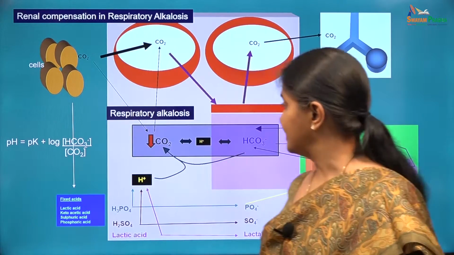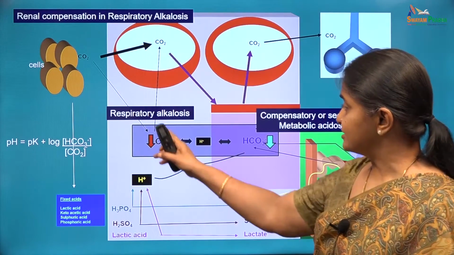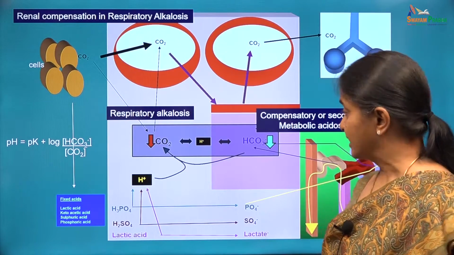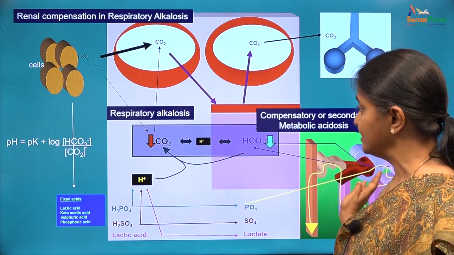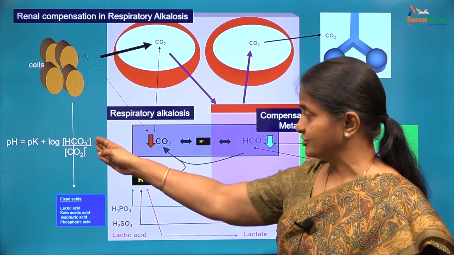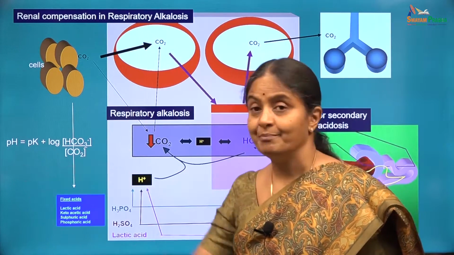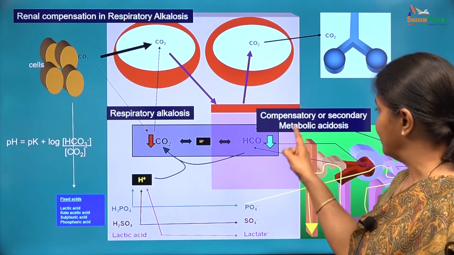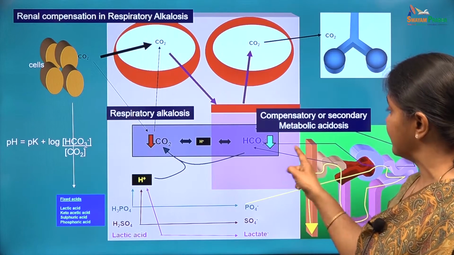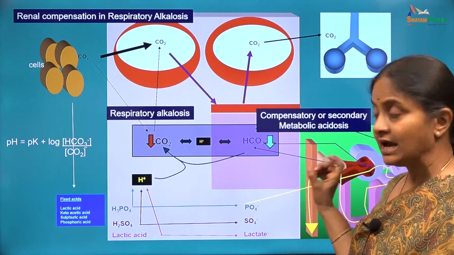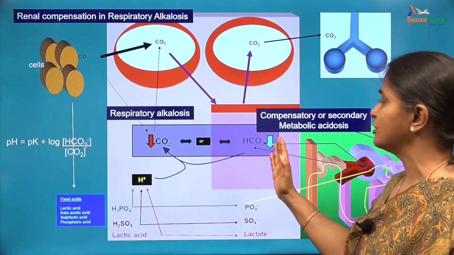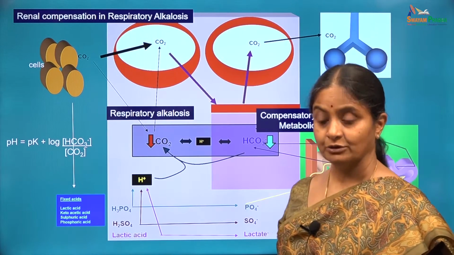Similarly, when there is a respiratory alkalosis, the kidneys will eliminate some bicarbonate and reduce the bicarbonate concentration so as to maintain pH. There will be a compensatory or secondary metabolic acidosis. I would still prefer to use the term renal compensation for respiratory alkalosis.